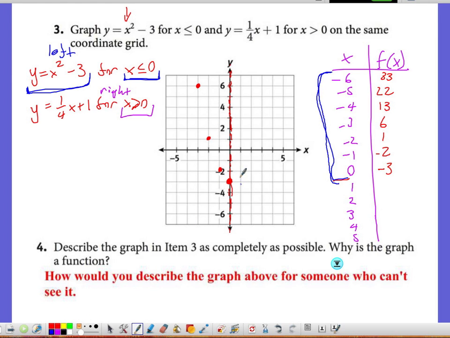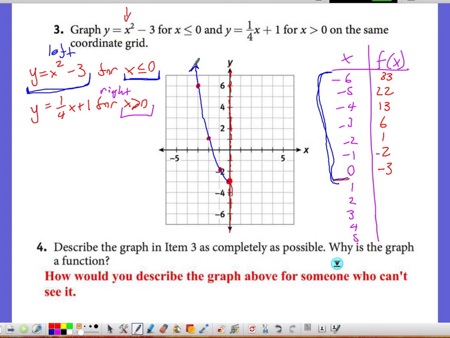When we connect those points, our graph should look something like this. Trying my best here. I guess that's better. Now, can we keep on going to the left? Yes. We have negative 5, negative 6, and we can go up to negative 7.